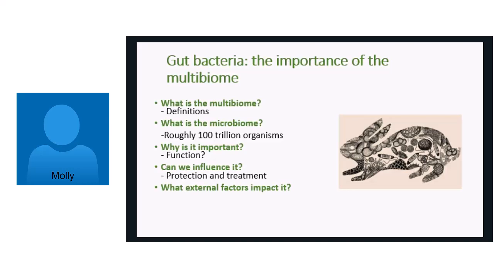What about other functions? Is this massively intricate dynamic system just for digestion? The answer is probably not. We think that the bacteria within the gut confer a significant proportion of immunity to our rabbit patients.